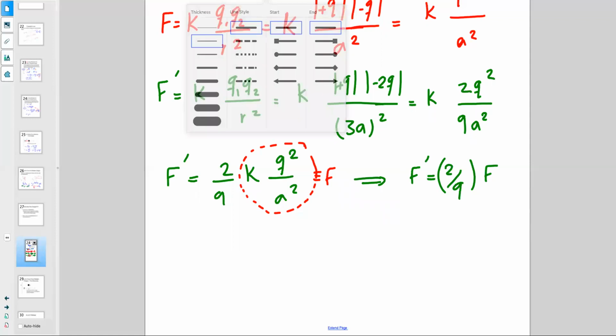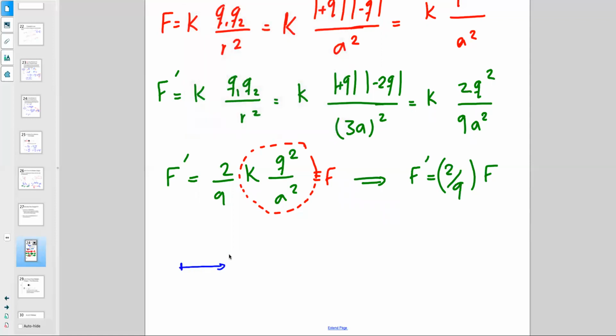All right, so you have two forces in one direction. This gets really interesting. You have an F in this direction, and you have an F prime in the same direction.